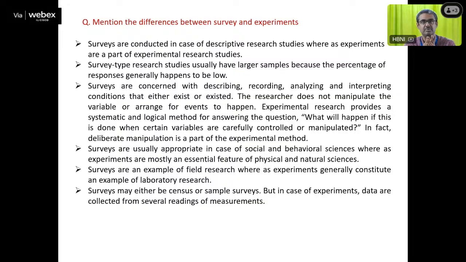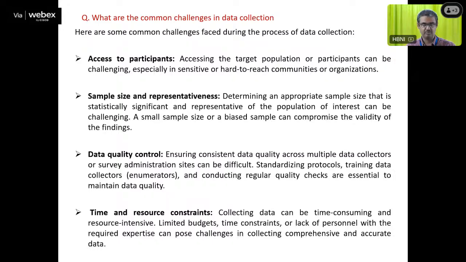So this is what you do in experiments. Surveys are generally for social and behavioral science, while experiments are mostly for natural and physical sciences. Surveys are an example of field research, while experiments are generally conducted in laboratories. So this is the difference between surveys and experiments that we listed.